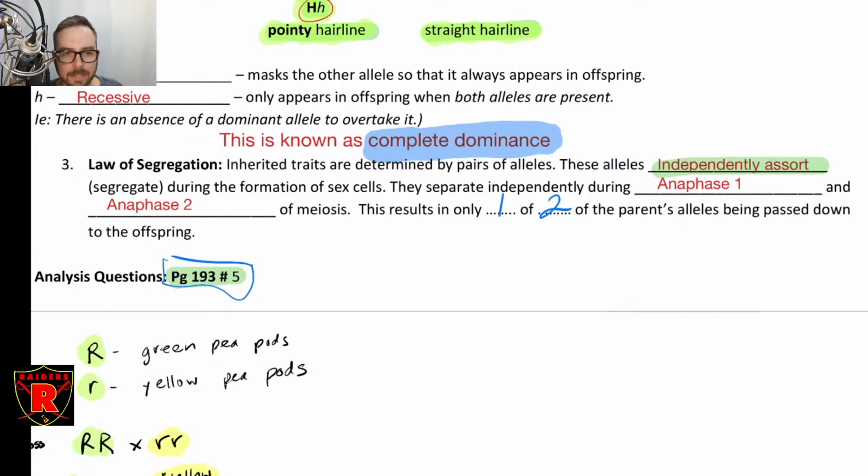And what that means is that the chance of getting one parent allele or the other allele from the parent is completely random. That's all the law of segregation really says: the chance of getting any particular allele in any particular situation is completely random.